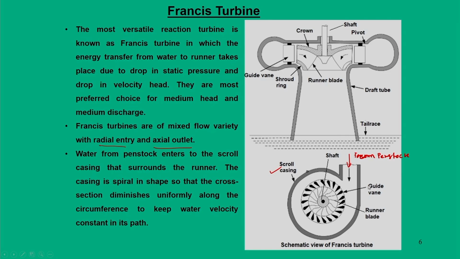One is called the guide vane, the other is called the runner blade. So, complete water interacts with all the guide vanes. The slug of water that enters the penstock completely interacts with all the guide vanes.